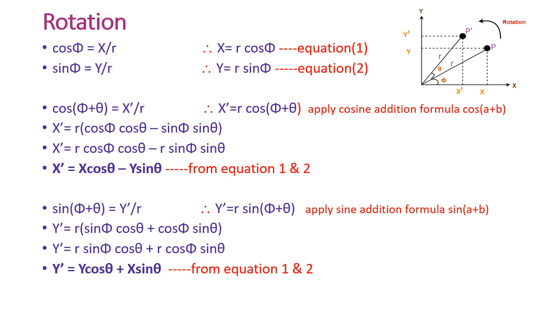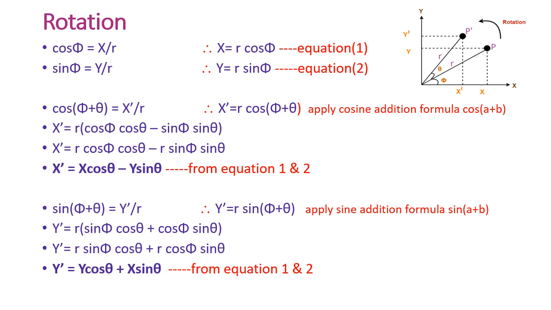Call these two equations equation 1 and equation 2. Now we want to rotate that point from this location to another location. So we have total angle as phi plus theta. So we have to calculate cos of phi plus theta and sin of phi plus theta.